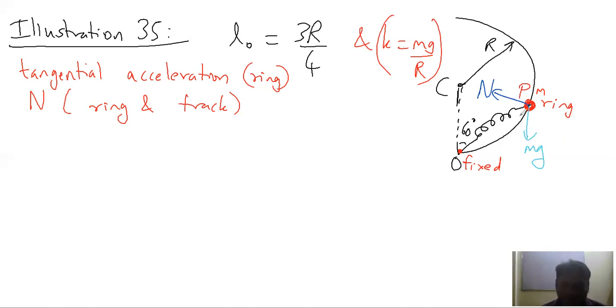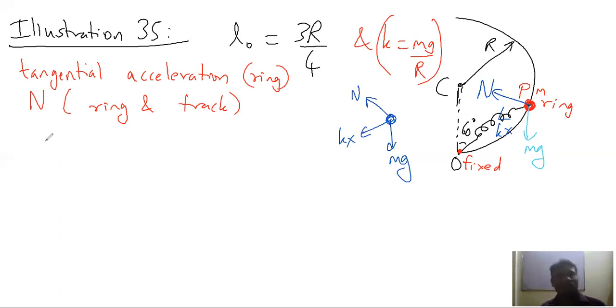Then we have the spring force, which is Kx. So these are the only three forces acting on the ring. Let me show the ring once again: normal reaction towards the center, mg in the vertically downward direction, and spring force Kx in between. Now let us think about Newton's law equation.